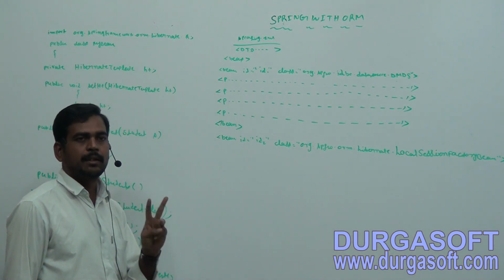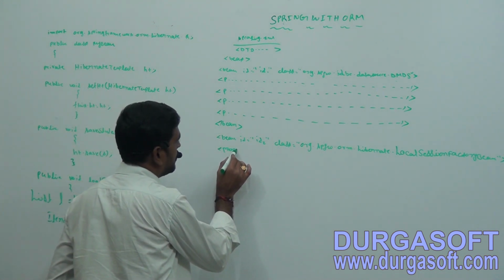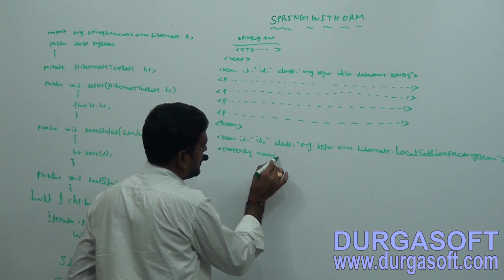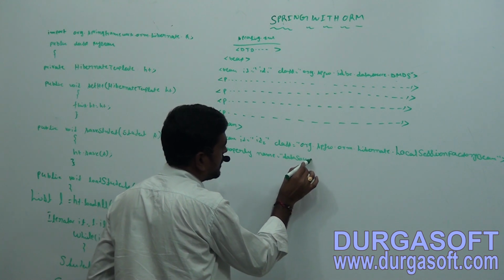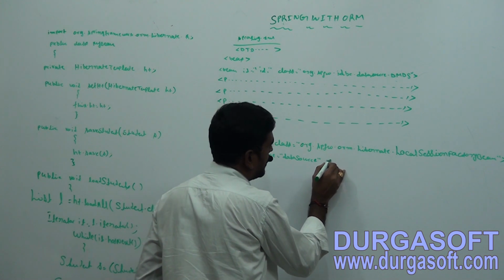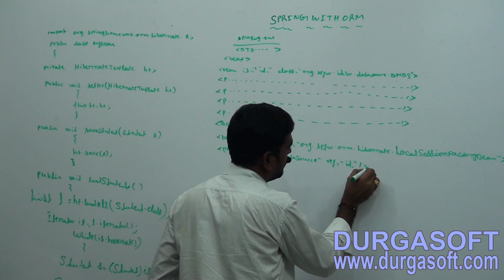Number one is what? Data source. Property name is equal to dataSource, S is capital. Now ref is equal to id1.